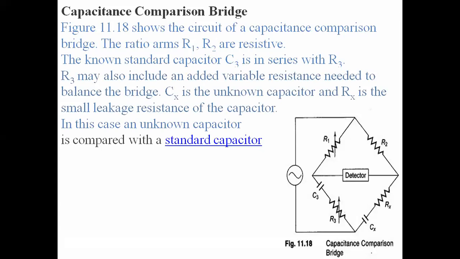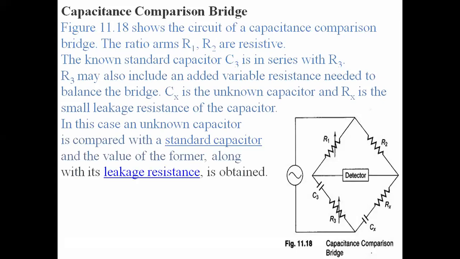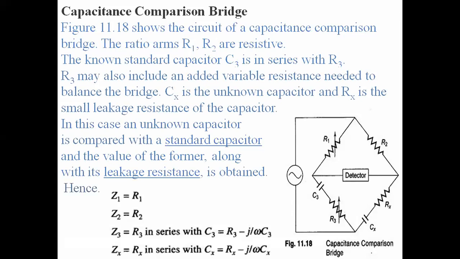That's why the unknown capacitance is compared with the standard or known capacitance value, along with its leakage resistance. So here Z1 is equal to R1.